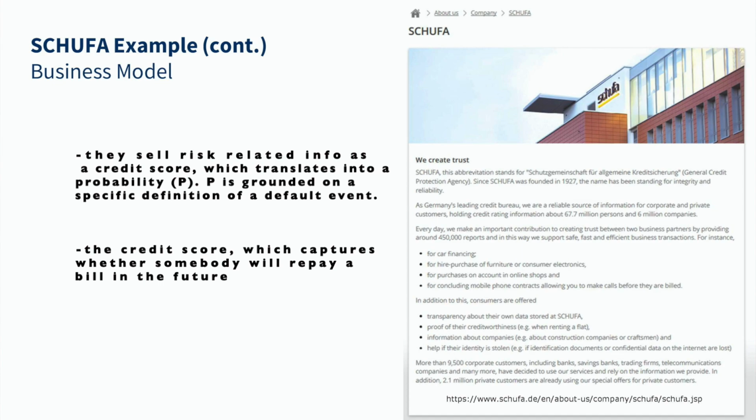A standard definition of default, for example in the banking sense, would be if you have an installment credit or a credit card, that you are late with your repayments by 3 months or 90 days. Banking regulations allow you some flexibility in defining what you see as a default, something between 90 and 180 days late with repaying an obligation.